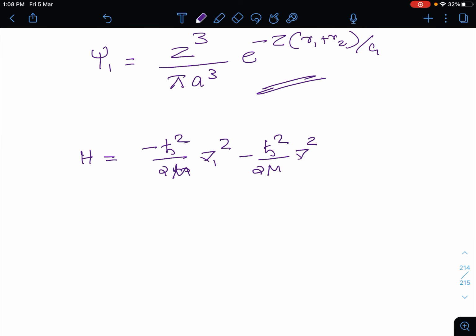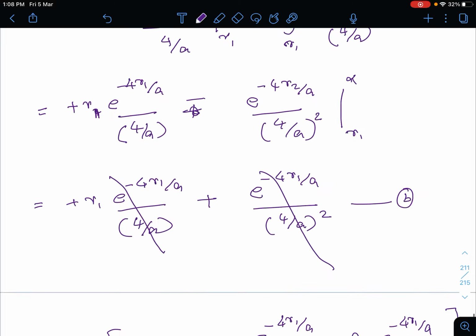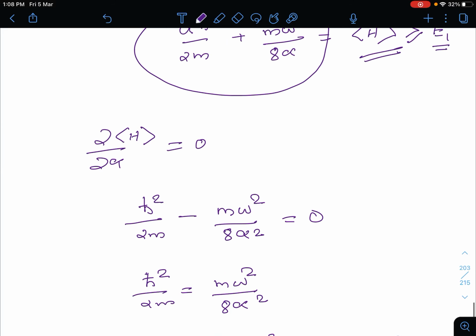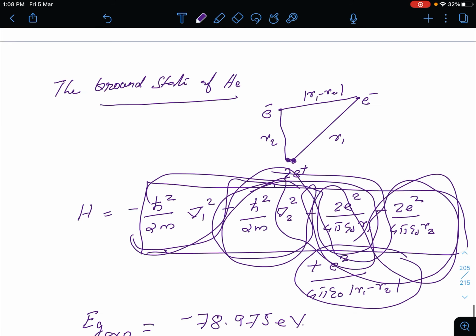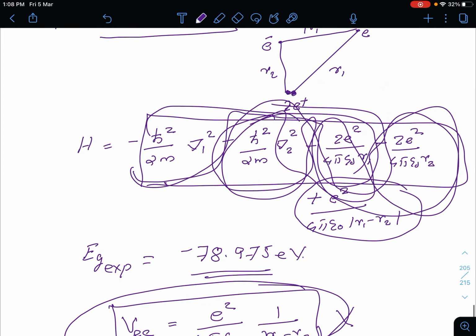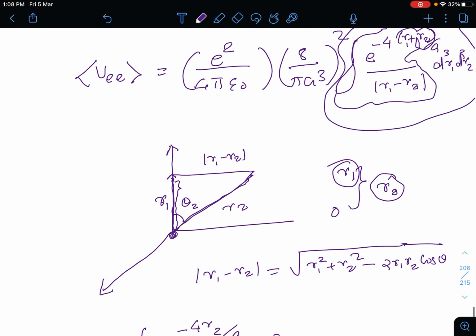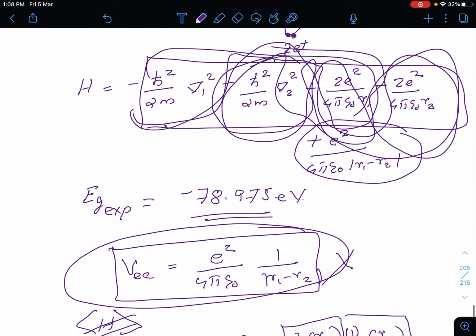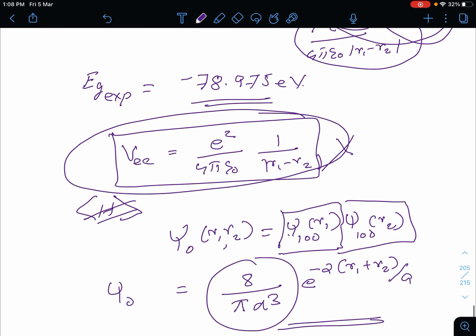Now, the Hamiltonian we took had minus 2e square by 4 pi epsilon 0 r1.